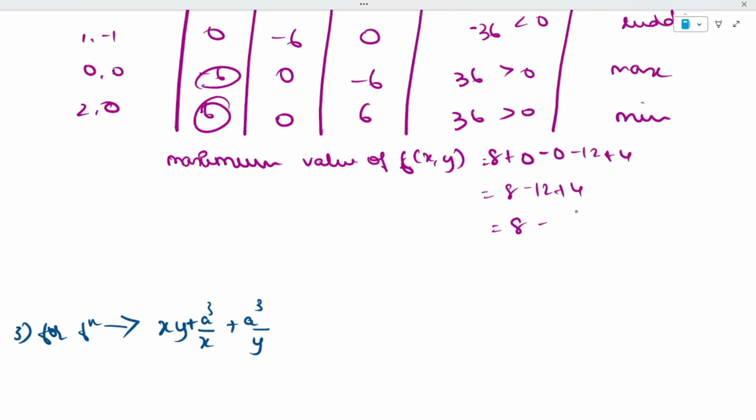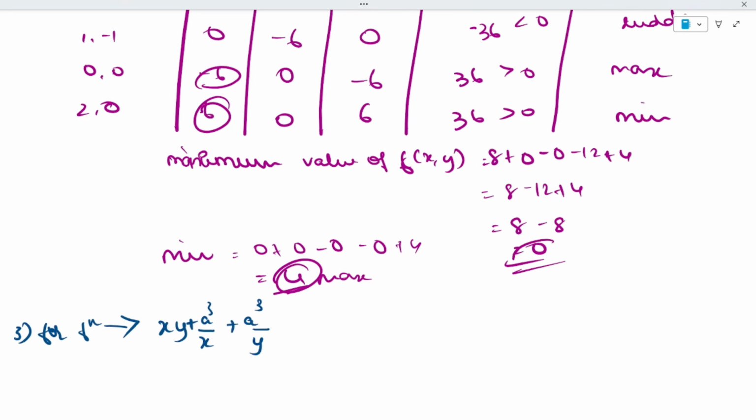Minus 12 plus 4 will give you minus 8. That will be 0. Minimum value is 0 plus 0 minus 0 minus 0 plus 4, right? It will be plus 4. This is the maximum value and this is the minimum value.